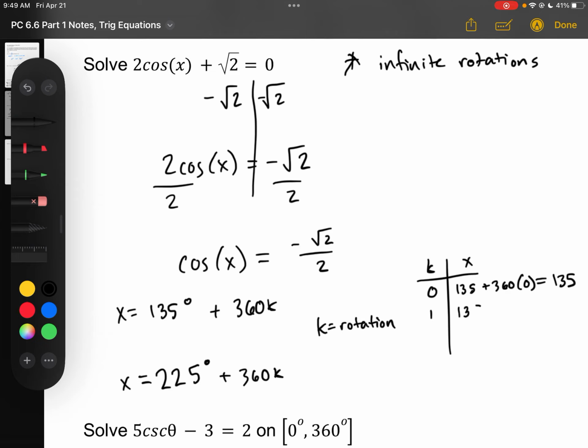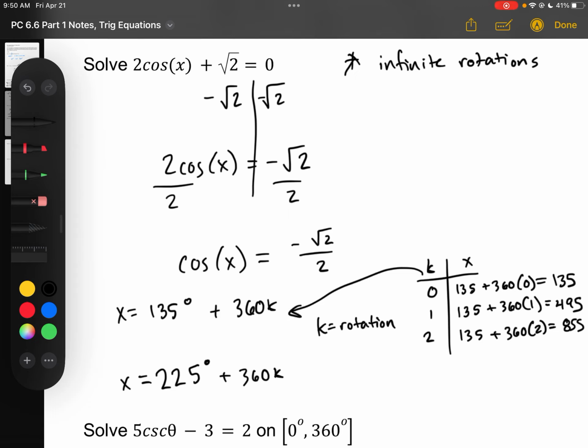When k equals 1, it's 135 plus 360 times 1, which gives us 495. Do it for 2 rotations as well: 135 plus 360 times 2, and that would get us 855. And you just keep going for all of them. So that is for our first one.